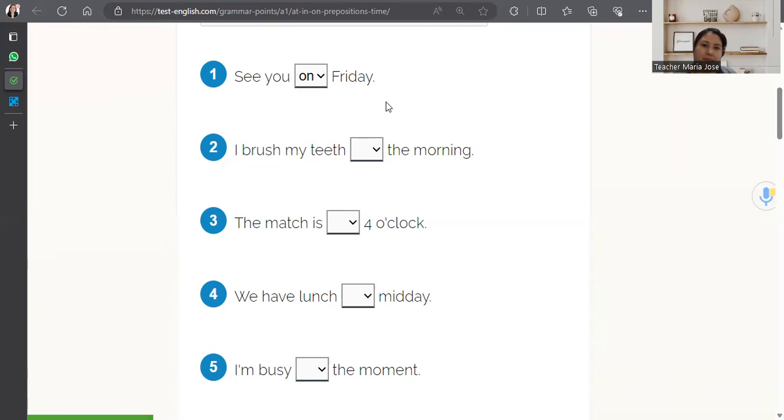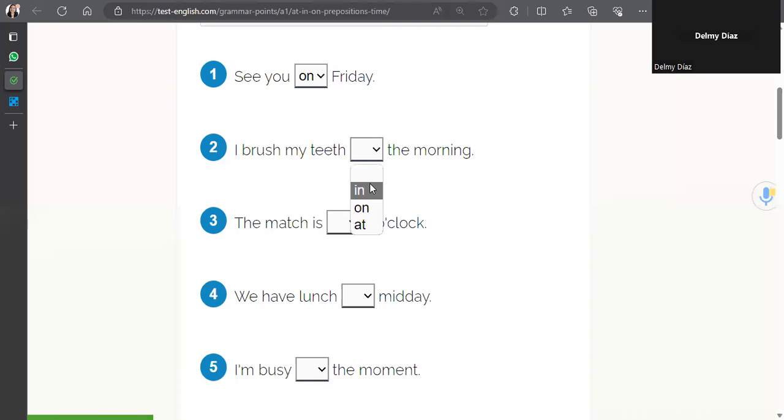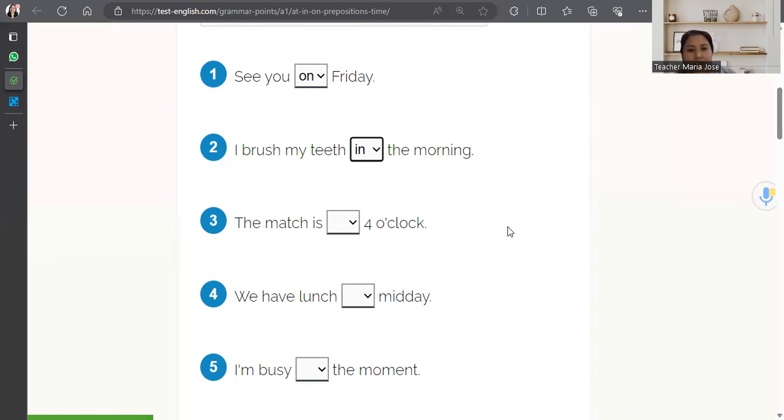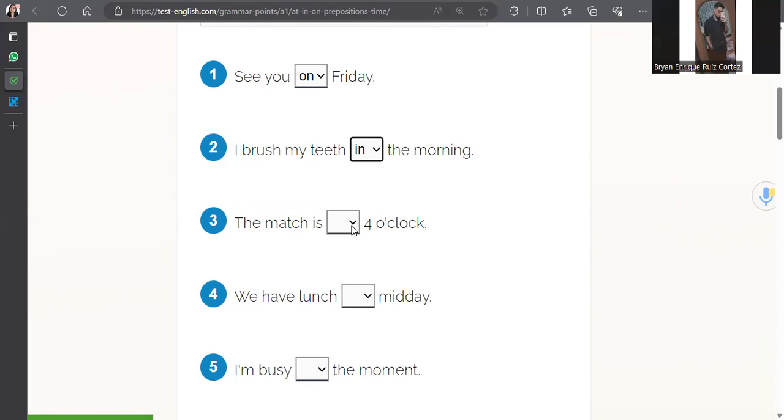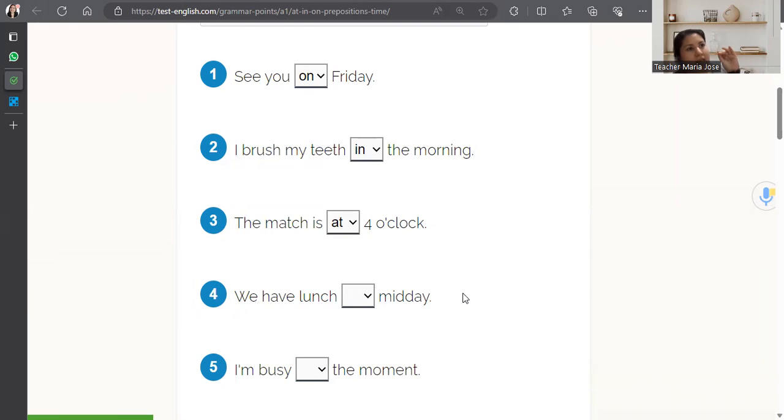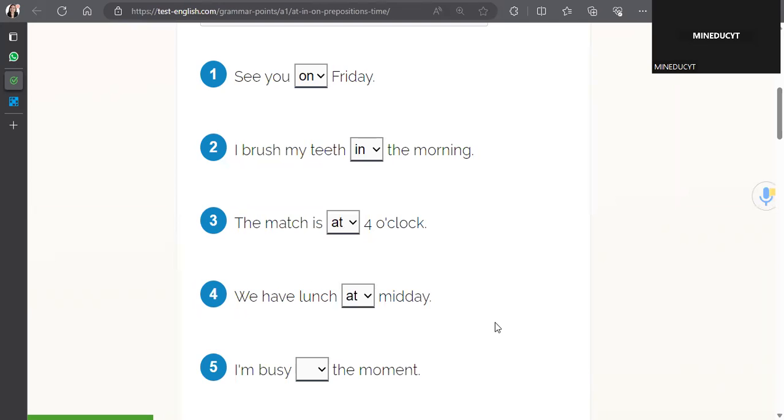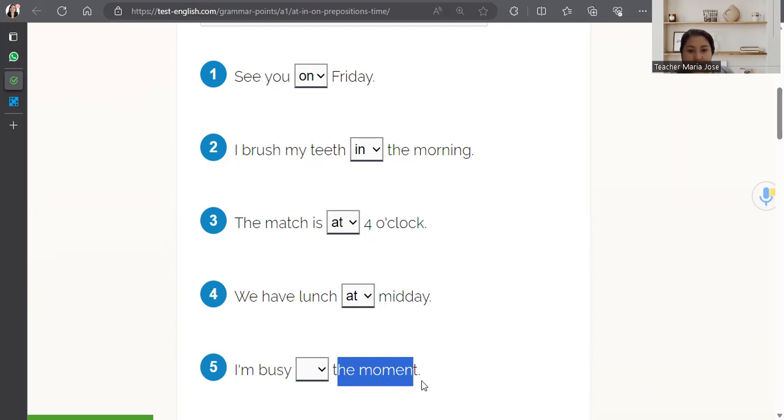The morning, in, excellent. 4 o'clock, at. Then I have midday. Midday is like noon, for example, or 12 o'clock. In? Not really, because technically it's a time. At midday.